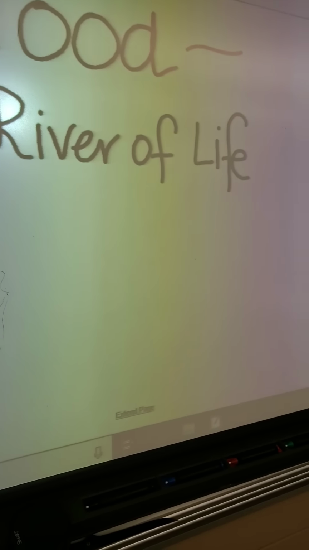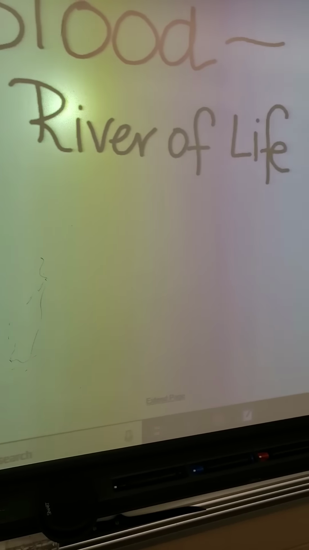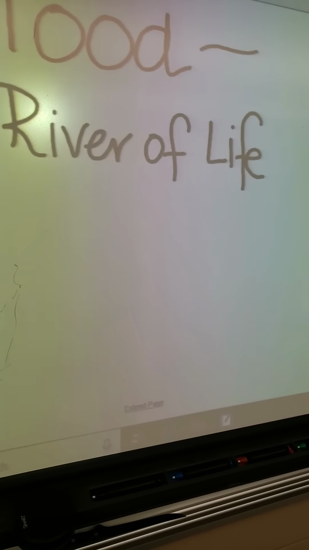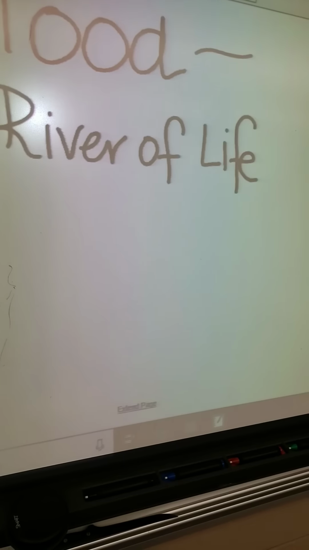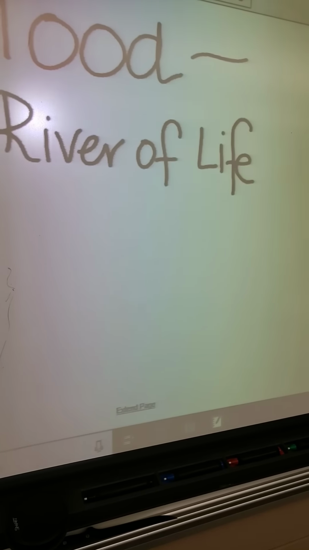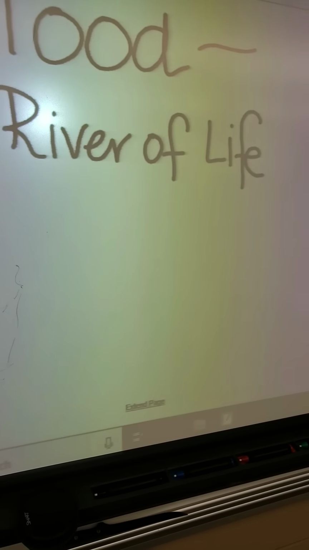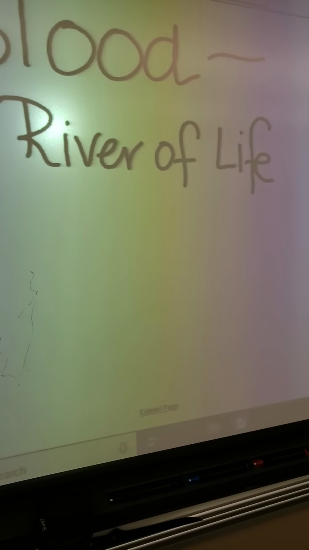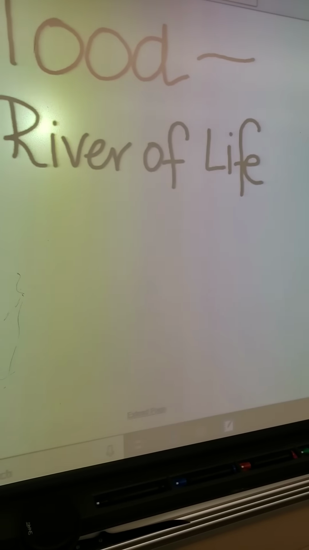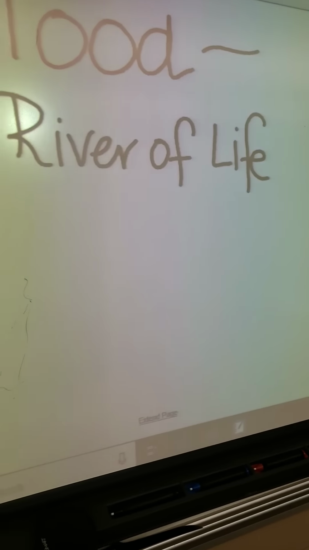Some always think blood is blue, but the color of blood depends on the amount of oxygen it is carrying. The color will vary from bright red or scarlet red, which is also called oxygen-rich blood, to a dull red, which is called oxygen-poor blood.